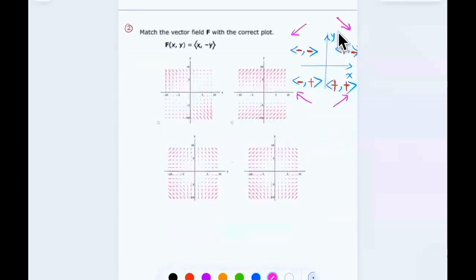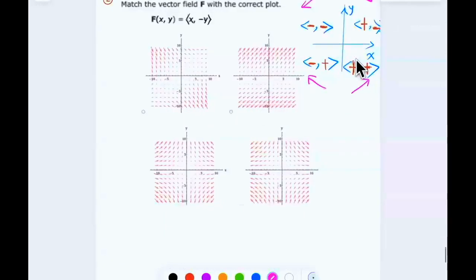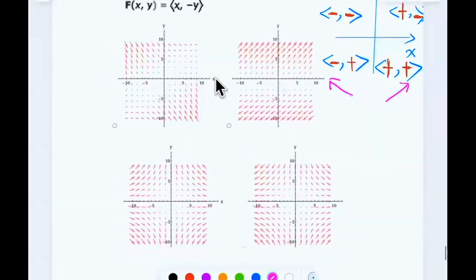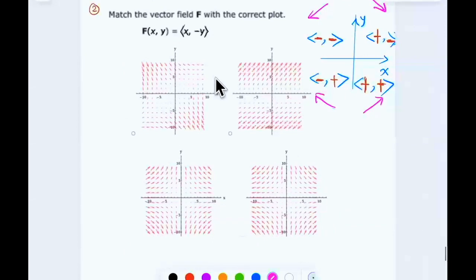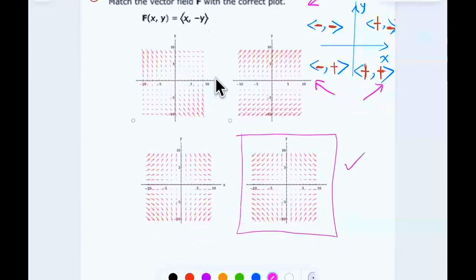So the first quadrant looks like this. The only one that matches is this one, if this one here is the Y one. Because you see here it goes this way, here this way, and here this way. So that's the one that matches, right? Good job.